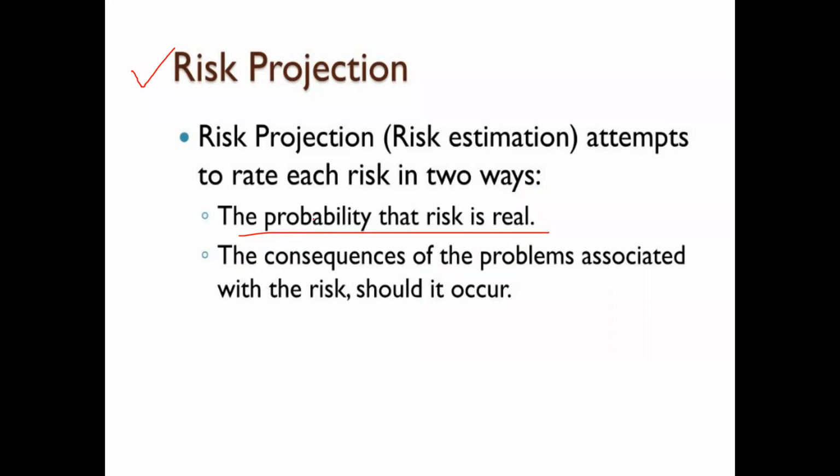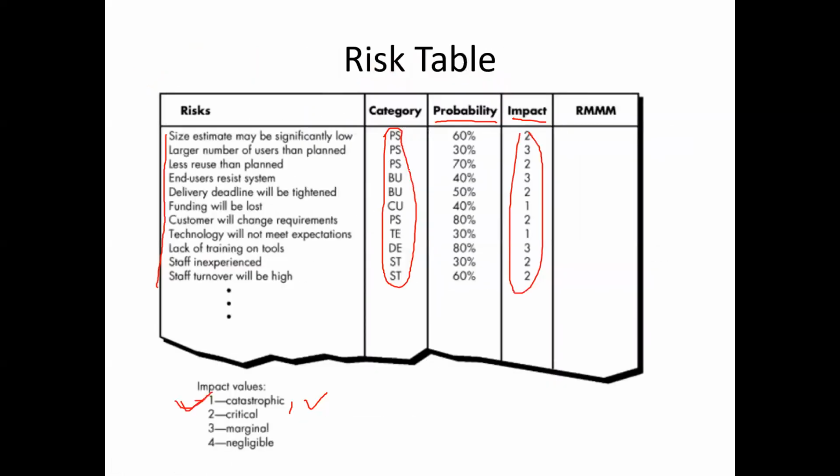Whatever risk I am thinking may arise, will it arise or not, how much probability does it have that the risk will really come? That calculation you have to do in risk projection. For that you have to understand statistics, calculate something according to that statistic, and then finalize how much probability that particular risk has to arise. Again we have to give that in the risk table.